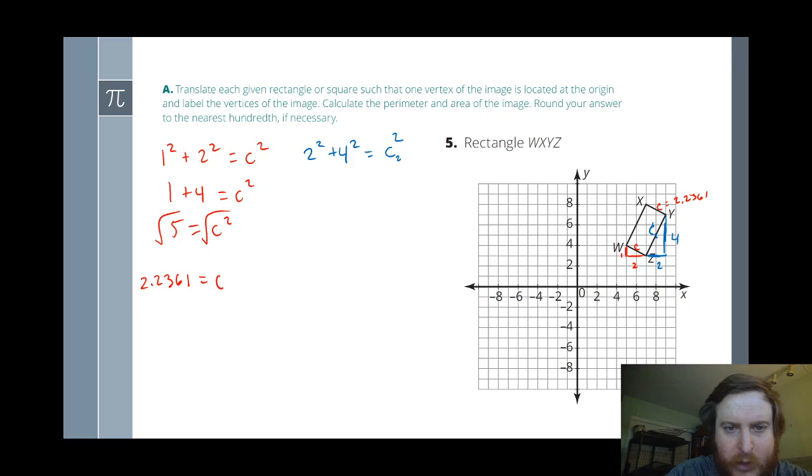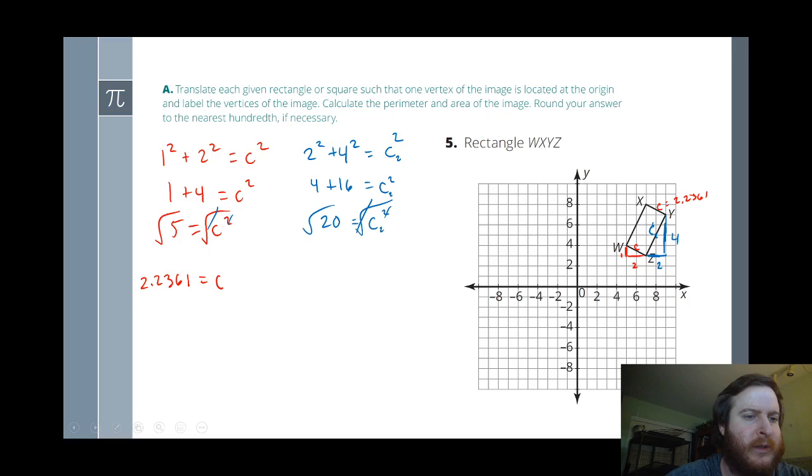Okay, 2 squared is 4, 4 plus 16 equals our second c squared. So that's 20 is equal to our second c squared. We're going to square root both sides. The reason we're square rooting both sides is to cancel out that squared. So we're going to just do the square root of 20 on a calculator, and you should end up with 4.4721. That's our second c.